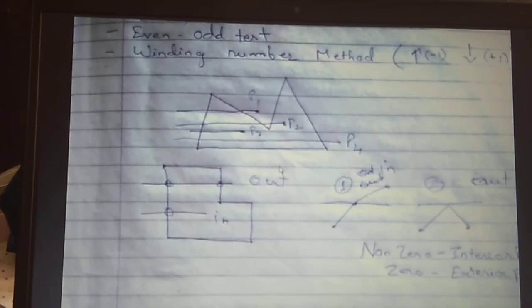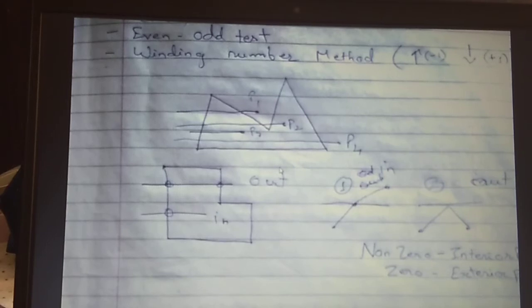Treat the elastic as tied to the point in question which we want to find out, and the other end of the elastic sliding across the boundary of the polygon until it has made a complete circle. Then we check how many times the elastic has been wound around the point in question. If it is wound at least once, the point is inside. If there is no net winding, then the point is outside.